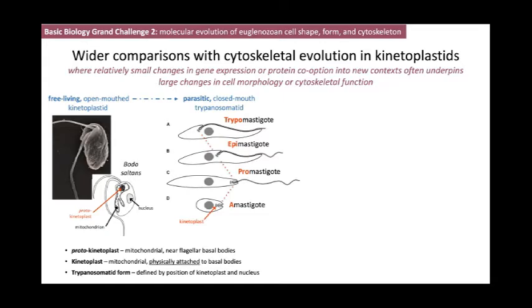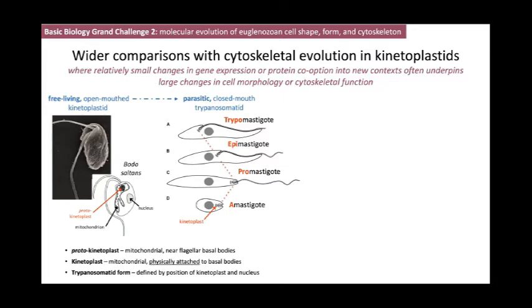And what you can see on the left-hand side with the cartoons and the scanning electron micrographs is that we're talking here about the changes that see a transition from a phagotrophic biflagellate free-living kinetoplastid to a uniflagellate osmotrophic non-predatory parasitic trypanosomatid, where we have a microtubule corset that is tightly defining cell shape, and whether it's trypomastigote, epimastigote, promastigote, amastigote, that's defined by the position of your mitochondrial genome or kinetoplast relative to the nucleus and to the posterior cell end.